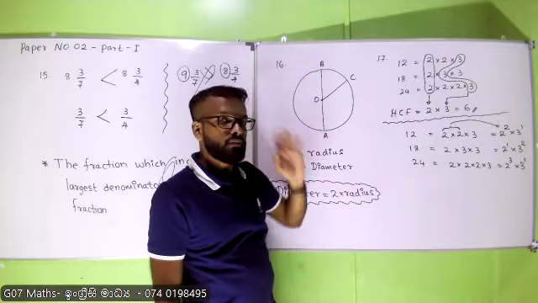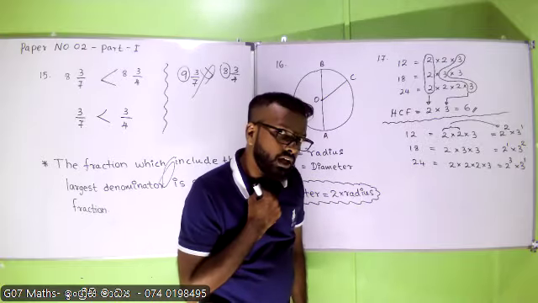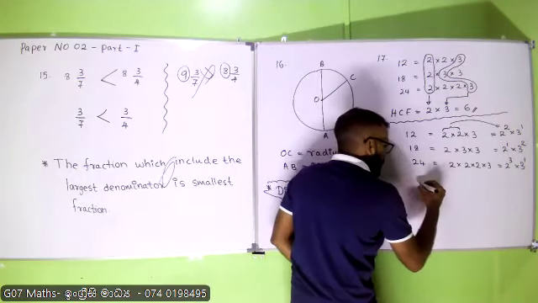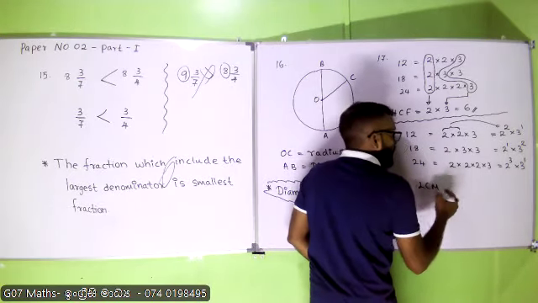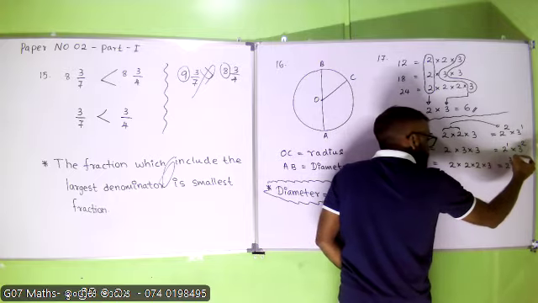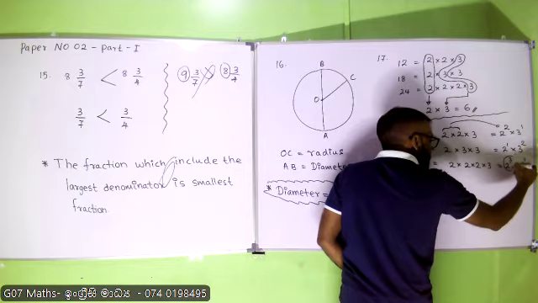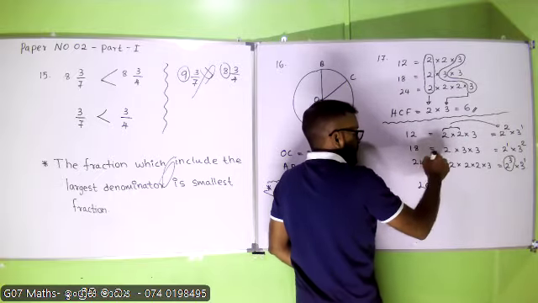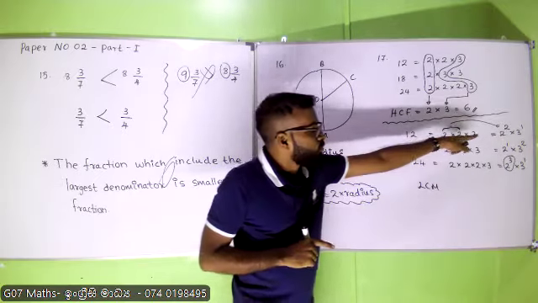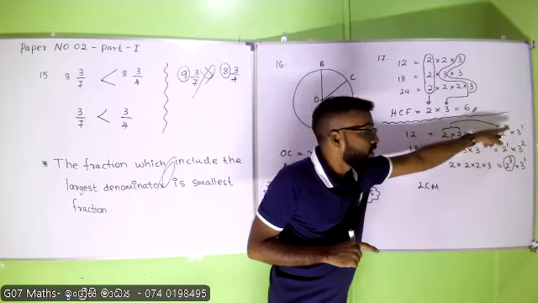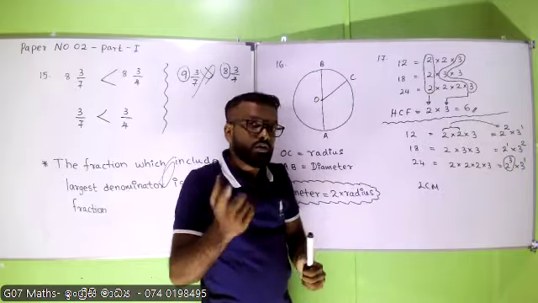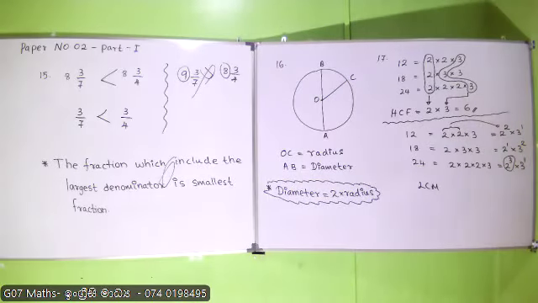The highest is 2 to the power 3. So, if you want to find the LCM, you need to choose the highest power of 2. If you are not familiar with this, you can do it this way as well.